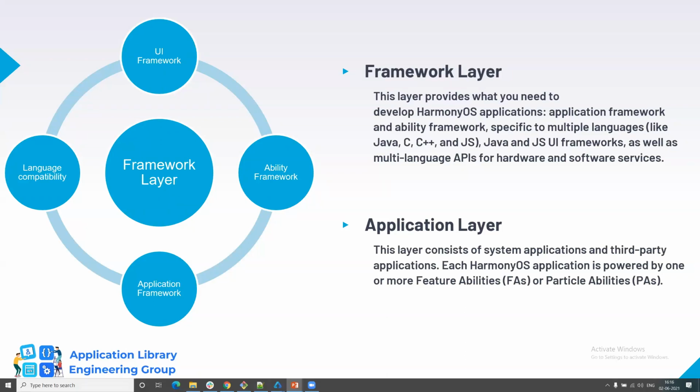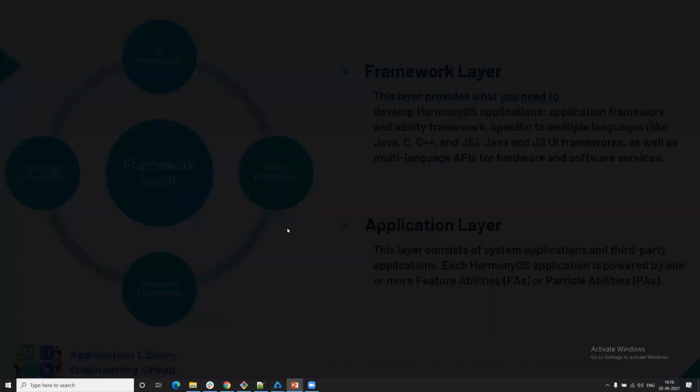Then we are talking about the application layer. The application layer is the same; the terminologies of feature ability and particle ability still remain the same. Yesterday we saw a few of these differences, right? That is from here.